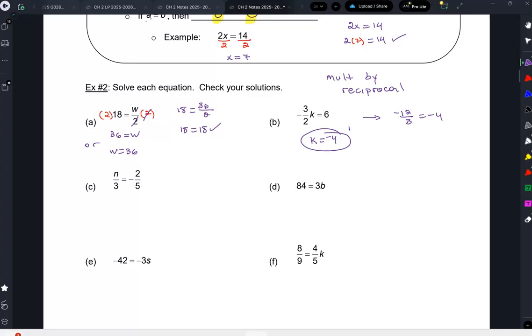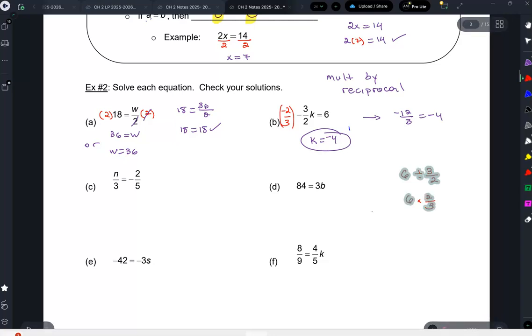Dividing by -3/2 is the same as multiplying by -2/3. So if I have 6 divided by 3/2, what is that the same as? 6 times 2/3, remember? So here, if I want to divide by 3/2, it's the same as multiplying by 2/3.